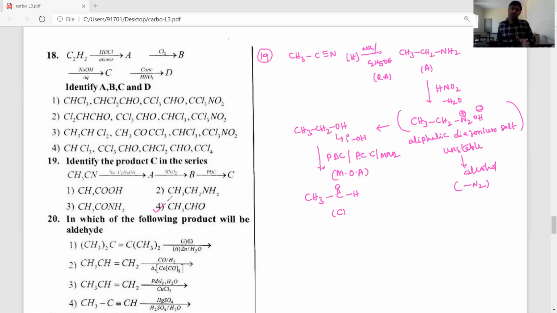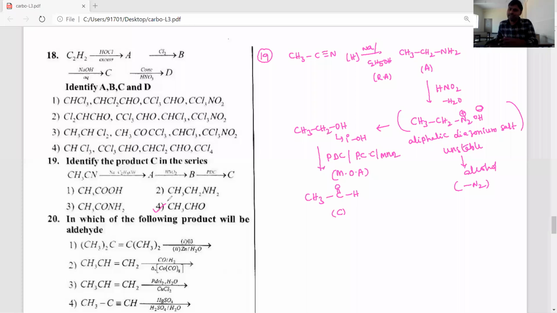Listen, dear students. First, the cyanide CN group is treated with sodium metal in the presence of ethyl alcohol. The cyanide group undergoes reduction to give primary amines. The primary amines are treated with nitrous acid; NaNO2 and HCl produce nitrous acid. It is unstable. Aliphatic primary amines react with HNO2 to form diazonium salts.